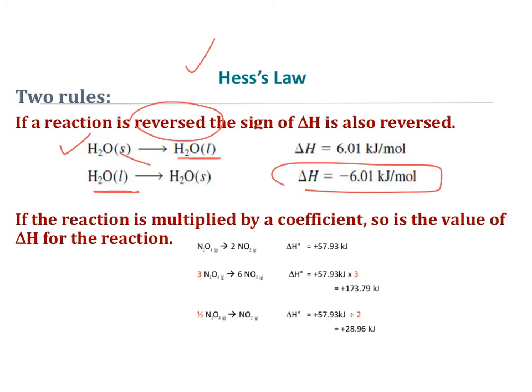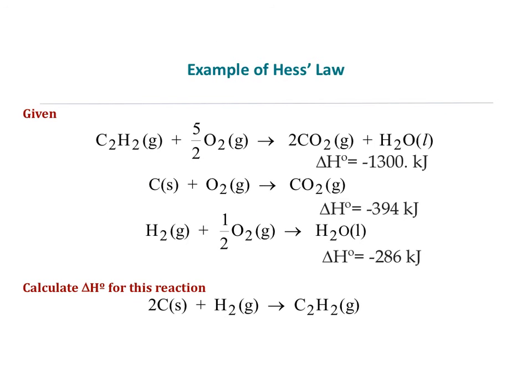If you have to multiply a reaction by a coefficient so that it adds to give you what you want, so looking at this reaction, let's say we multiplied all the coefficients by 3, then you also need to multiply the enthalpy of reaction by 3. Remember those two rules, make a note, and here's an example.